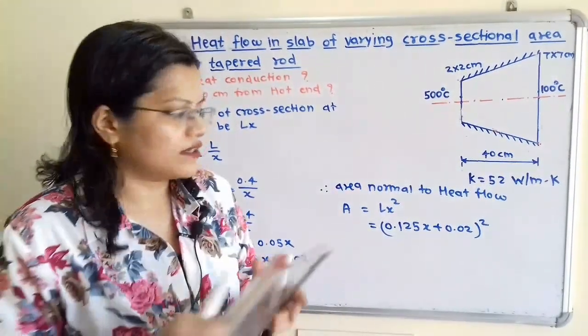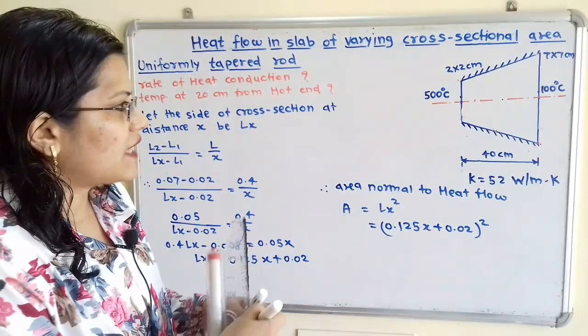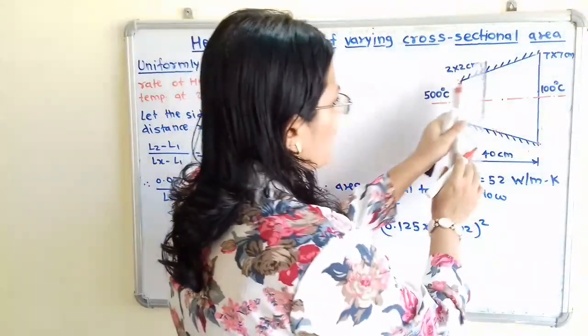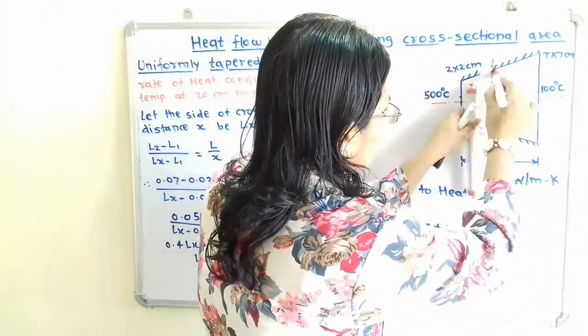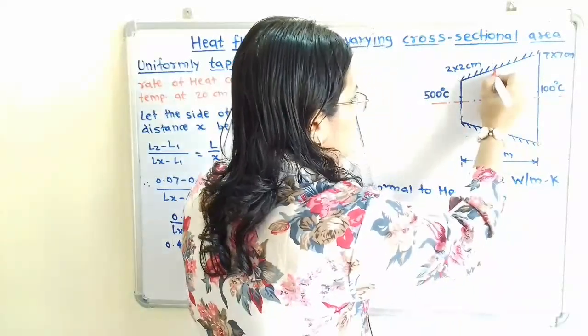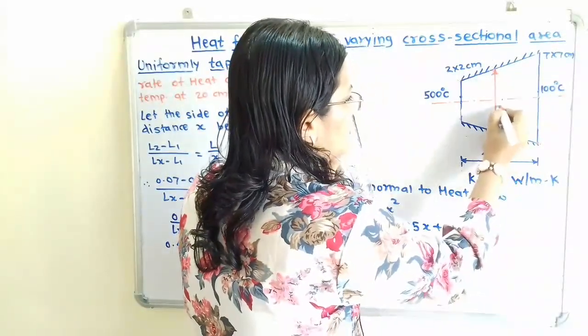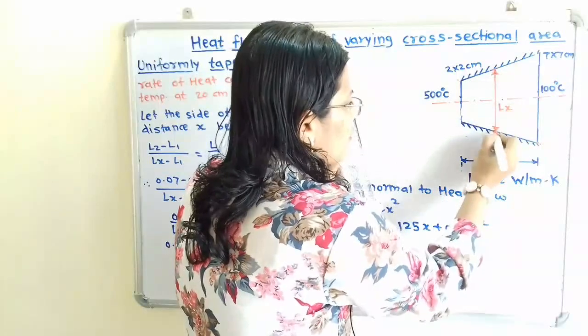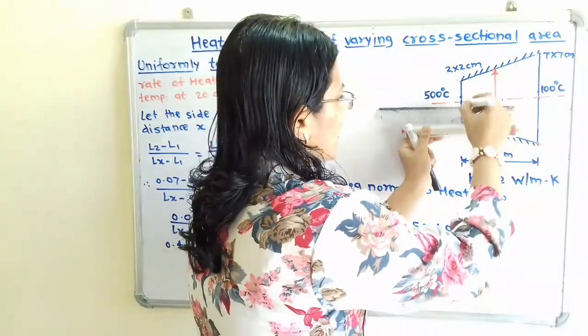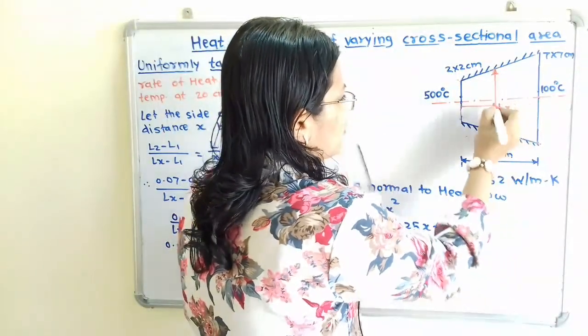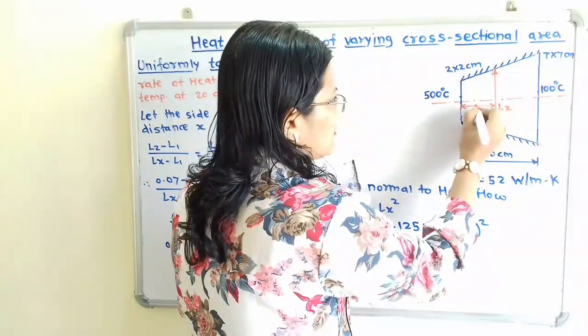We will draw one side for the square cross-section. We will say this side has length Lx. Why Lx? Because this cross-section is at a distance x from the hot end. So here is the distance x.